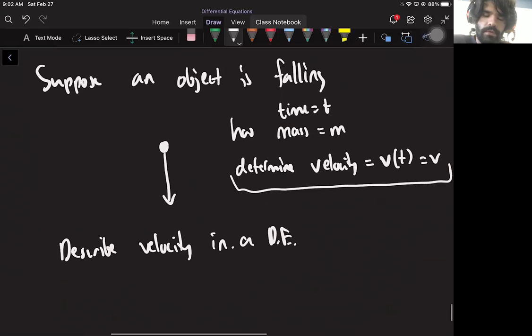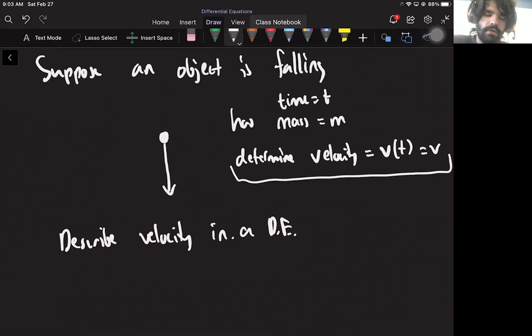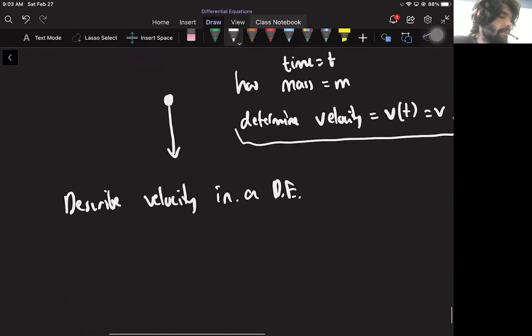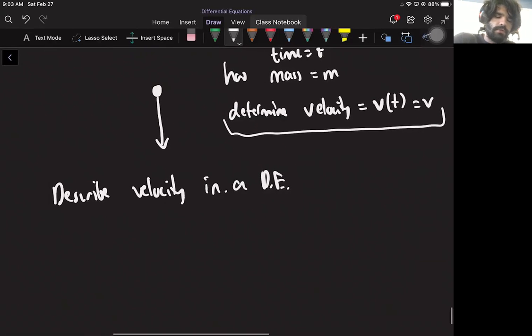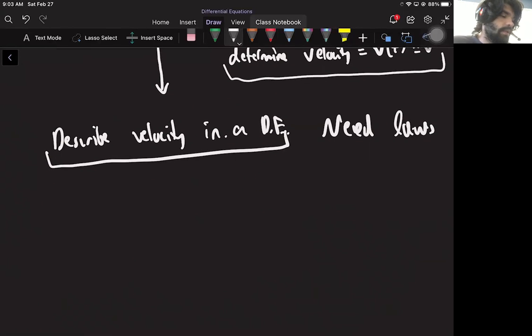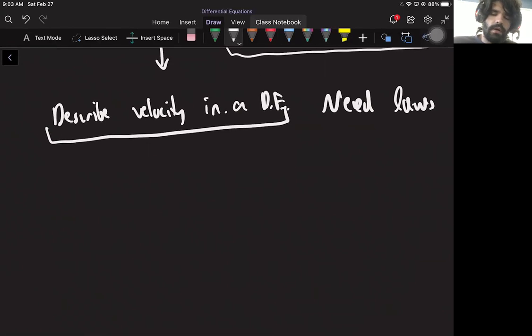But here, now that we have differential equations, we don't need to ignore air resistance. So we'll actually get to have a more truthful expression for the velocity than you saw in those classes. Okay, so to describe it though, we need some laws or rules to help us write down differential equations, just like with the growth and decay we did, need it again.